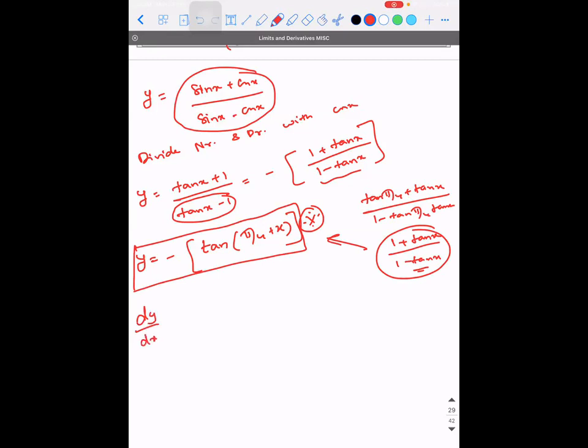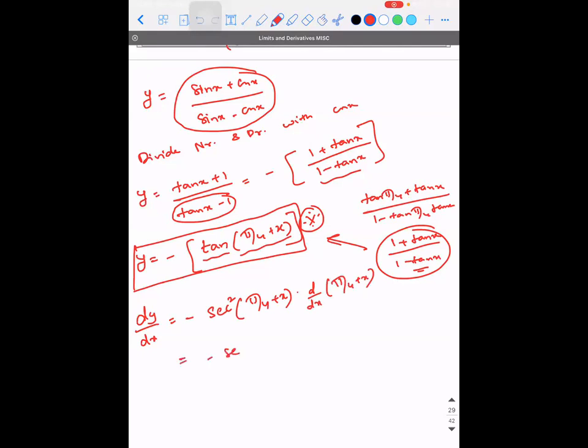So what is dy by dx here? Minus is outside. What is the derivative of tan? Minus secant square x. It is only secant square. Secant square of (pi by 4 plus x) into, this is not tan x, I need to apply the chain rule, into d by dx of (pi by 4 plus x).